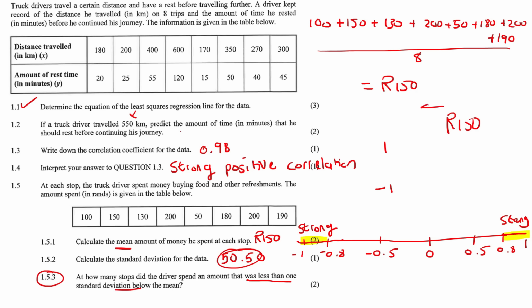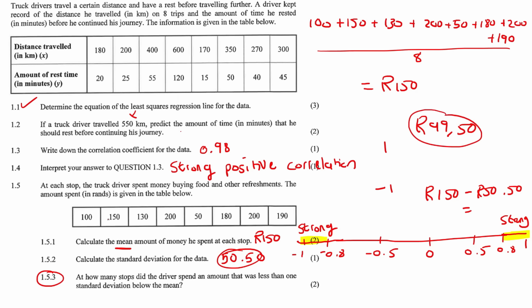That means you're going to go 150 minus 50.50, and that'll give us R99.50. So in how many stops did the driver spend even less than that? That would be only once.